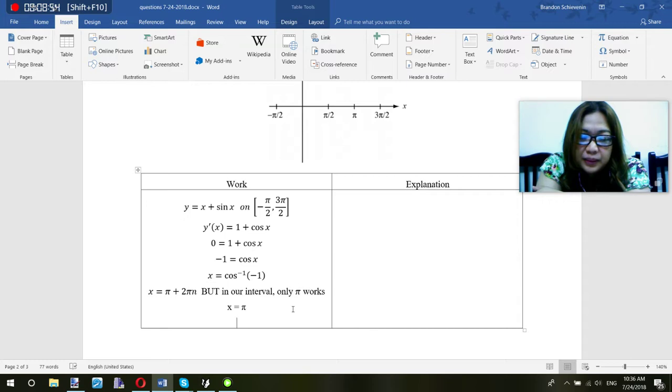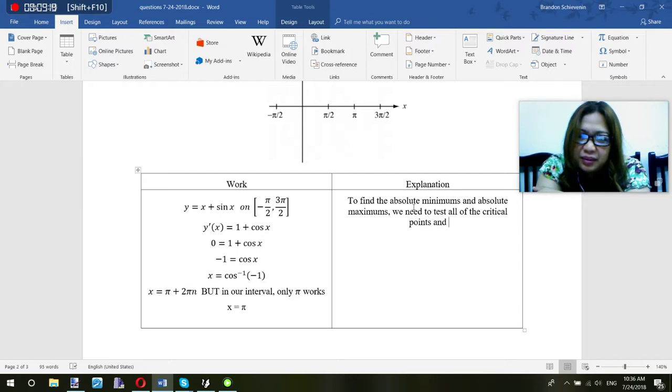Is that the only point that I need to test for an absolute minimum or maximum though? No. What else do I need to test? What are the possible points aside from the pi? So we just found the critical points, which is pi.